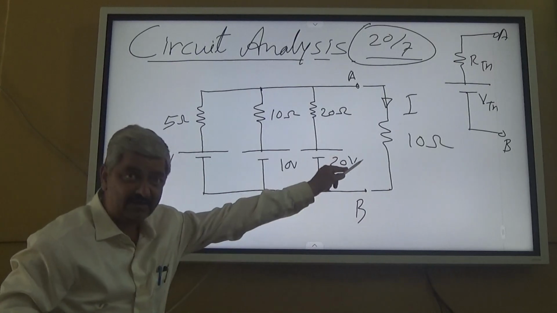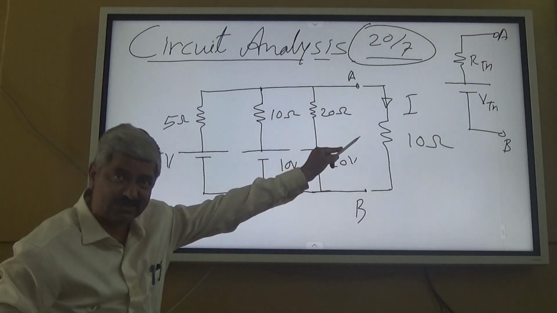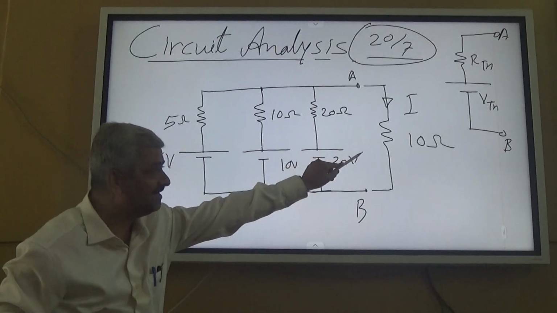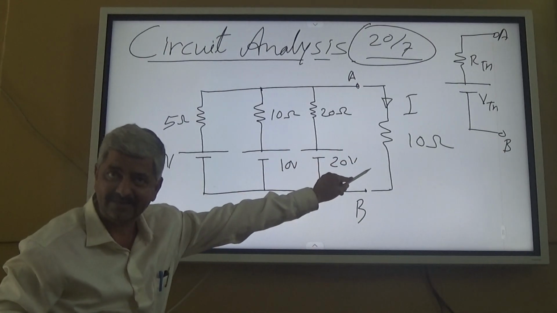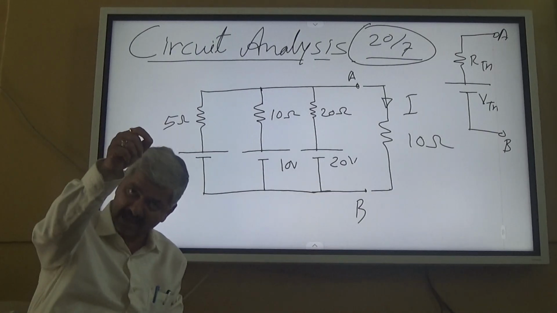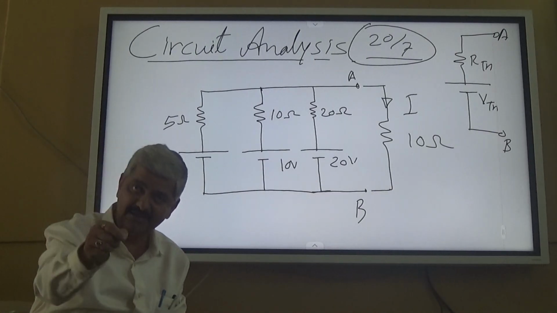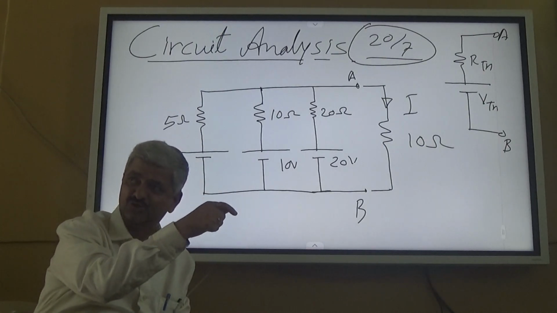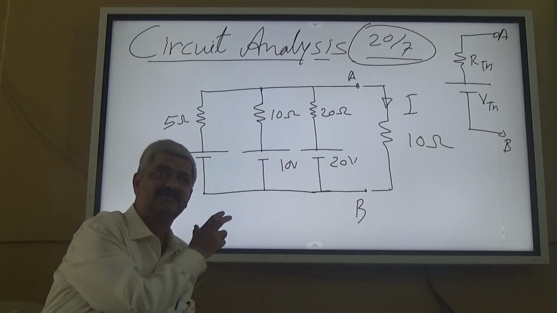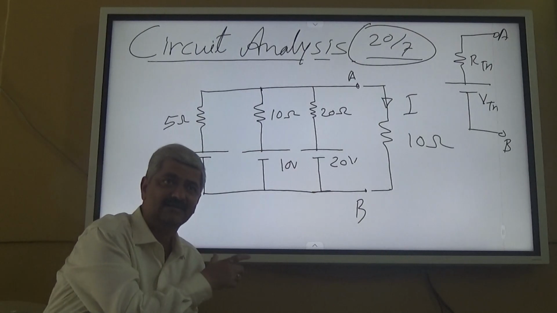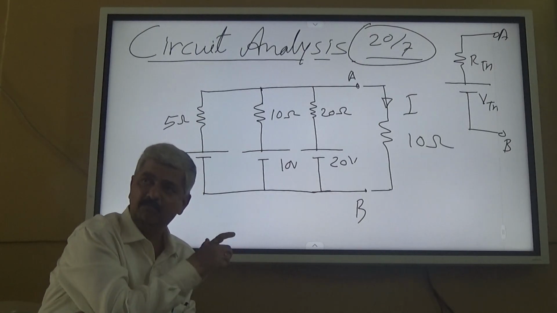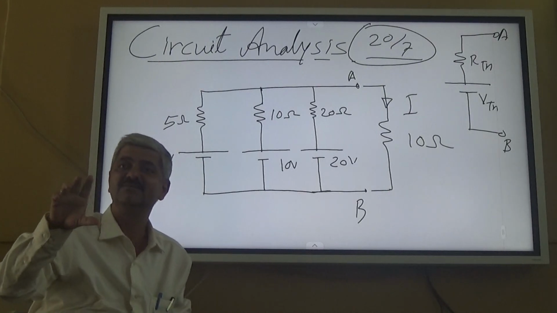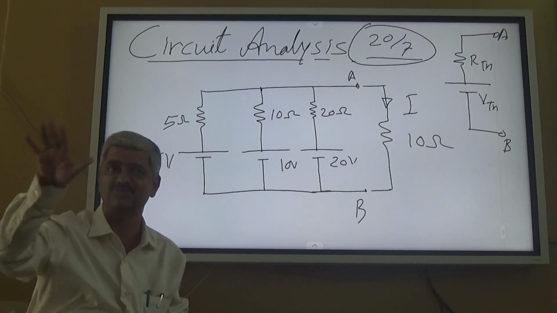Finding out I. For that I come to the equivalent circuit, and then VTH upon RTH plus 10 is my current, right? So to find the current I reduce the remaining circuit to Thevenin's equivalent circuit. That should be a simple one, but here in this typical example I find that finding Thevenin's equivalent circuit itself is somewhat time consuming. Are you getting me?